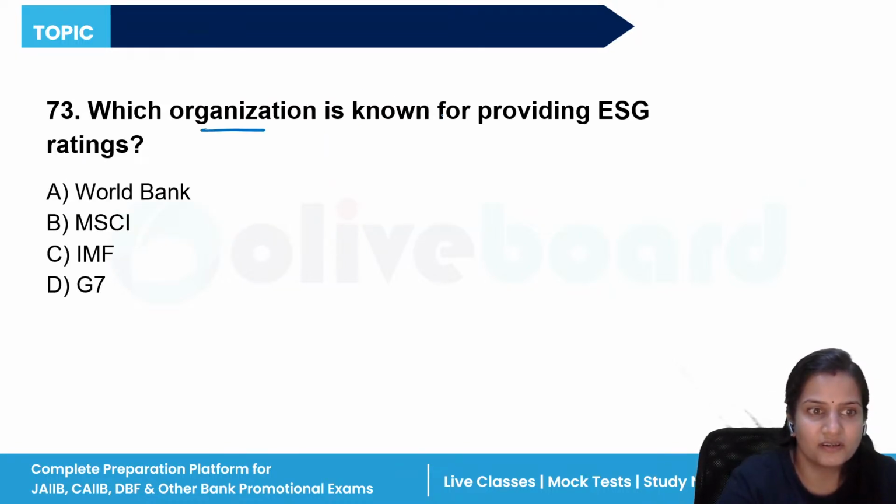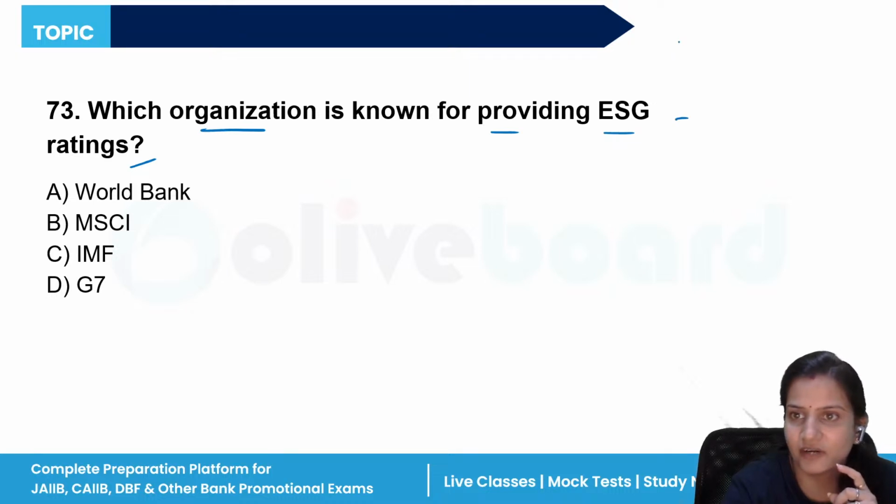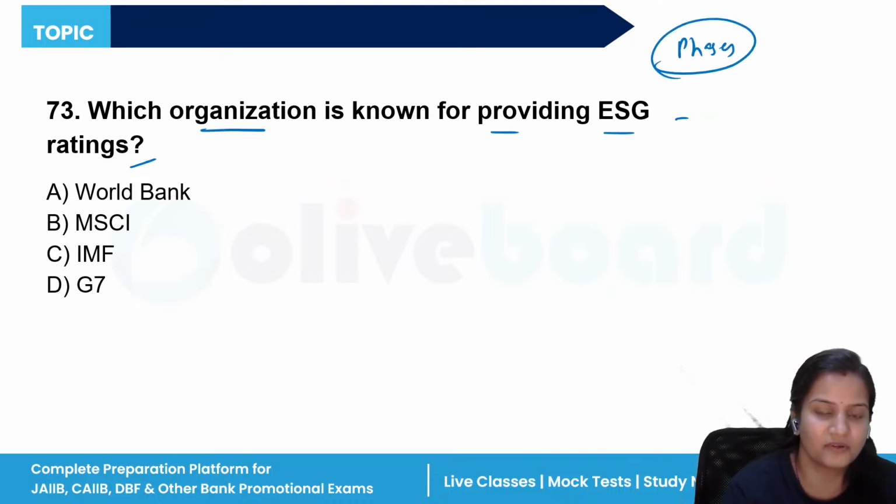Which organization is known for providing ESG ratings? We have ratings on different phases. So which organization is responsible for this? World Bank, MSCI, IMF, a group of seven countries.